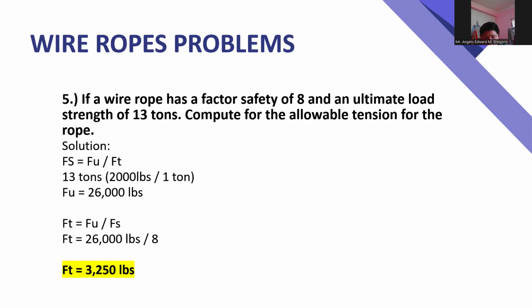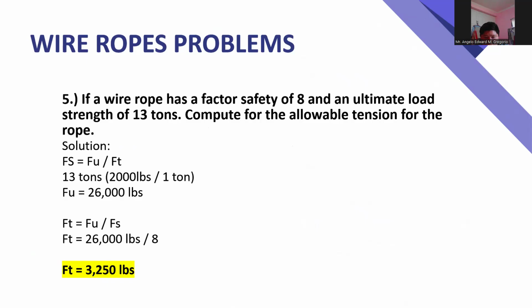So 13 tons converted into pounds is 26,000 pounds. So Fu, which is 26,000 pounds, divided by 8, which is the factor of safety, is going to amount to 3,250 pounds. And that's the allowable tension for the rope.